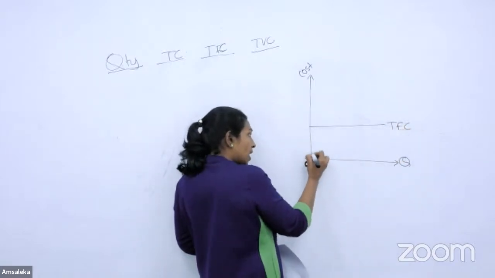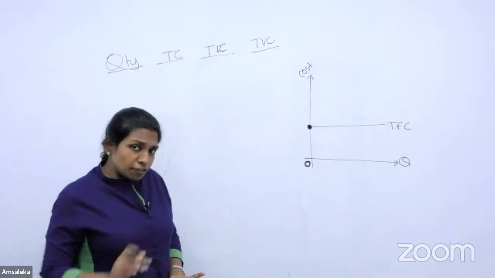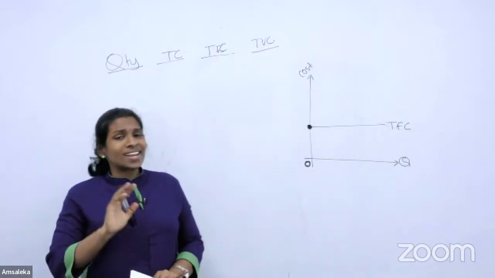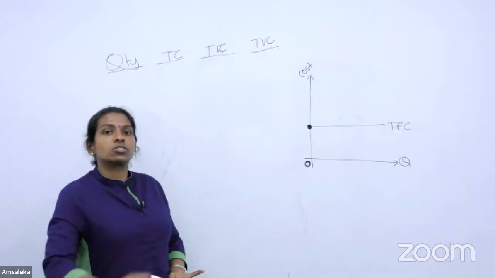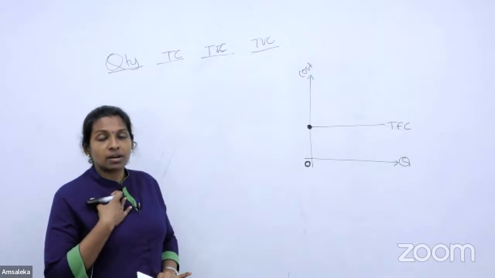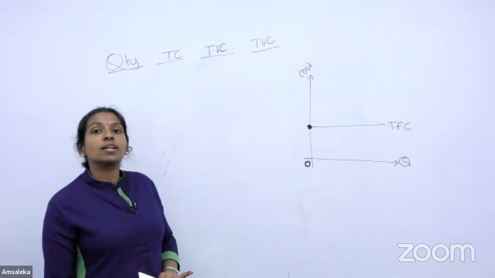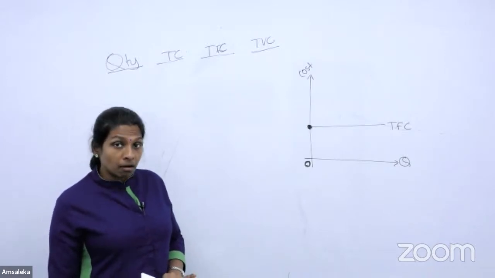Even at zero production, your total fixed cost will be incurred. Fixed cost you cannot change. Fixed cost remains constant whether there is production or not, and you must pay the total fixed cost.